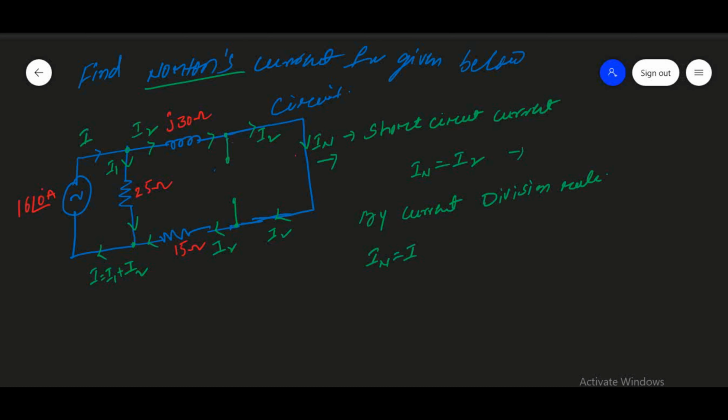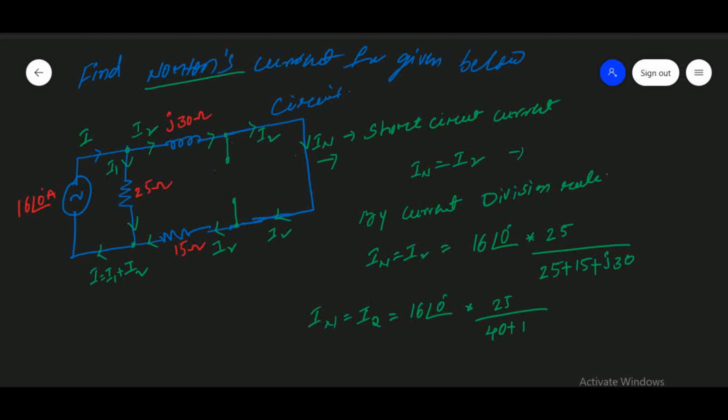I2 is the total current into the opposite resistance divided by the total. So IT is 16 with an angle of 0 degrees multiplied by 25 divided by the total, 25 plus 15 plus j30. So IN is equal to I2, equal to 16 with an angle of 0 degrees multiplied by 25 by 40 plus j30.